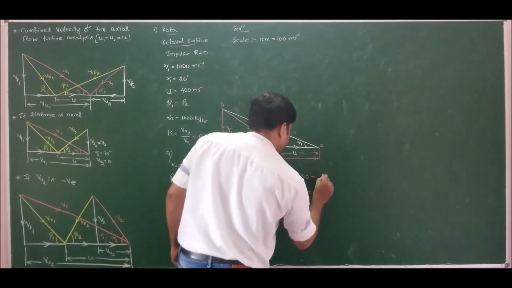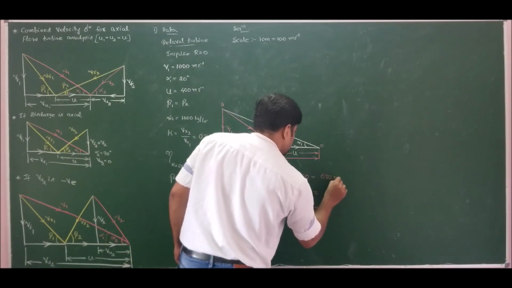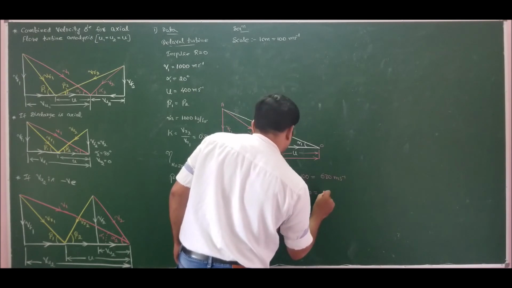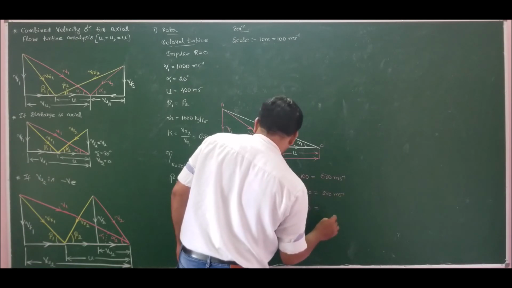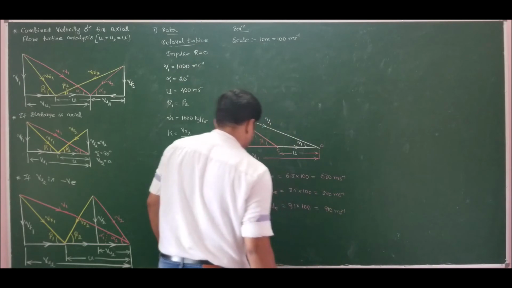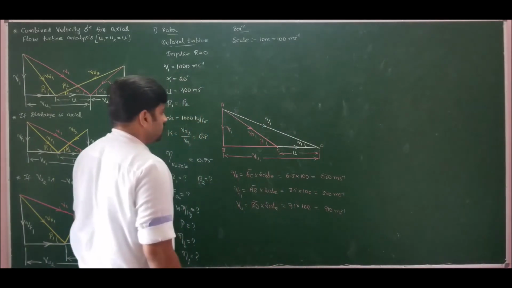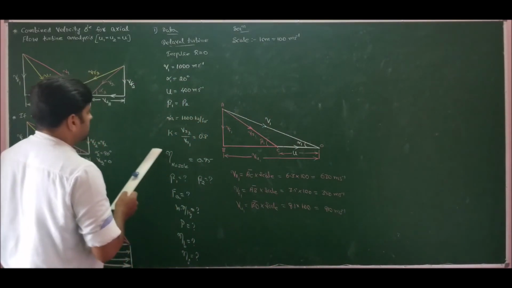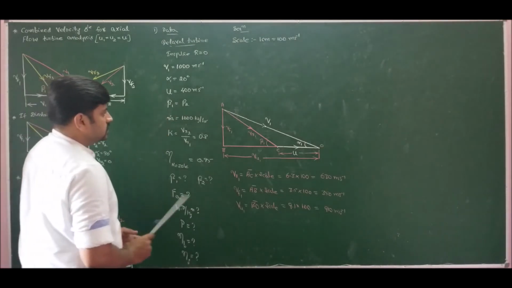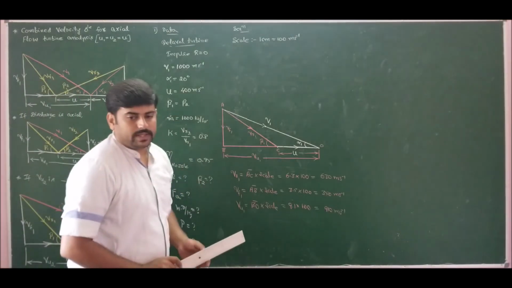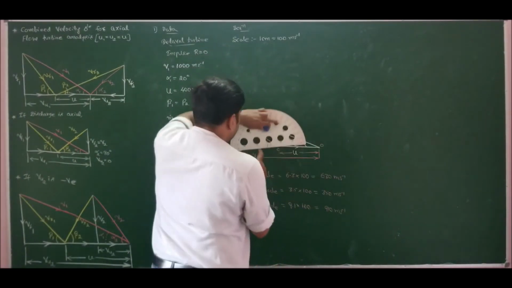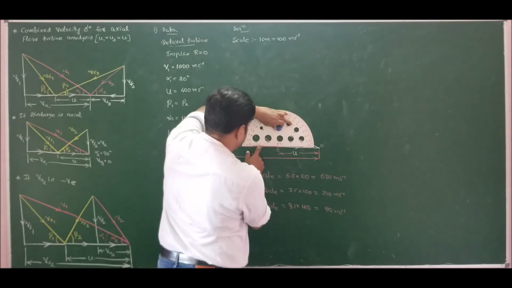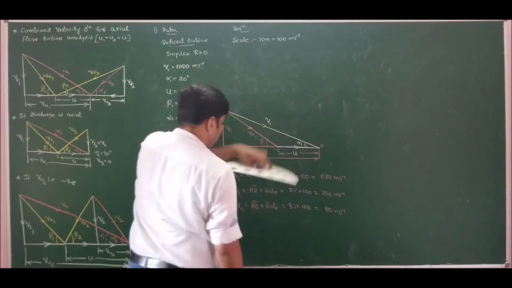So I will get 630 meters per second for VR1, 350 meters per second for VF1, and 910 meters per second for VU1. Now the problem gives a hint that beta 1 is equal to beta 2. So if I measure beta 1, I will get the value of beta 2. Measuring beta 1, I get beta 1 as 32.5 degrees.